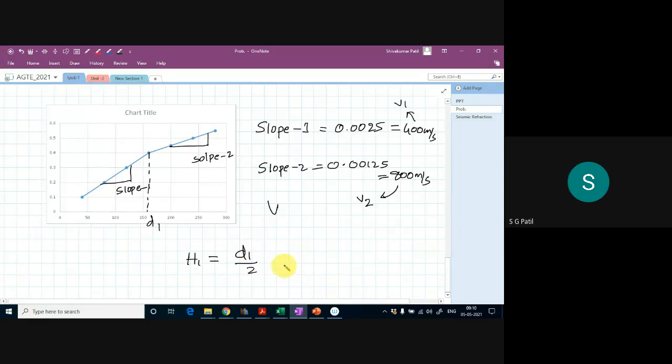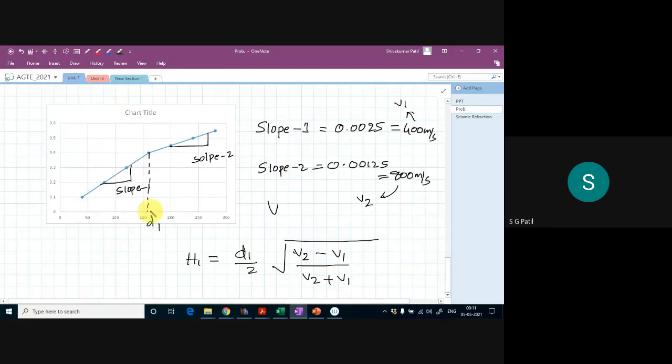D1 by 2 into square root of (V2 minus V1) divided by (V2 plus V1). What is D1 here?